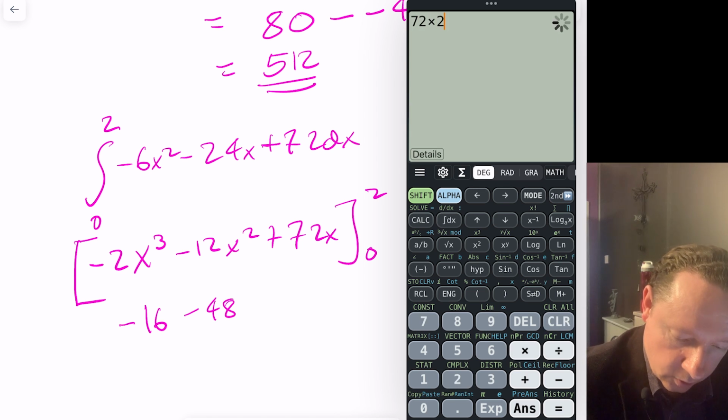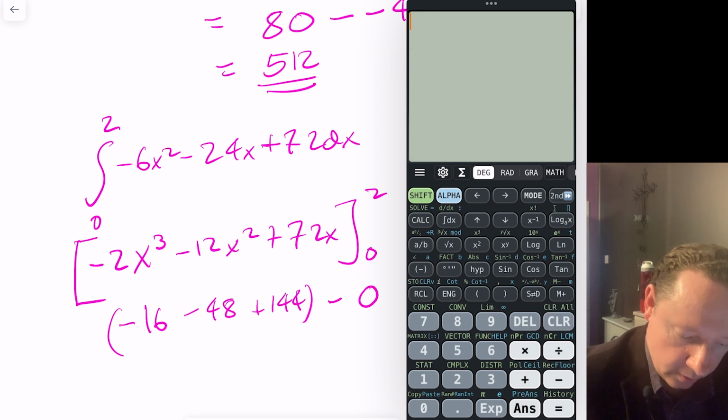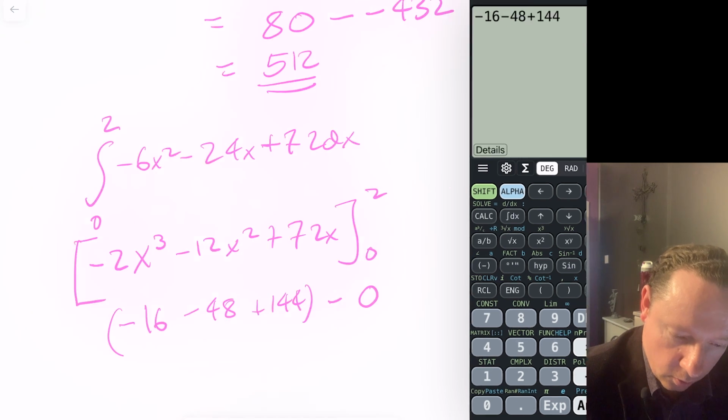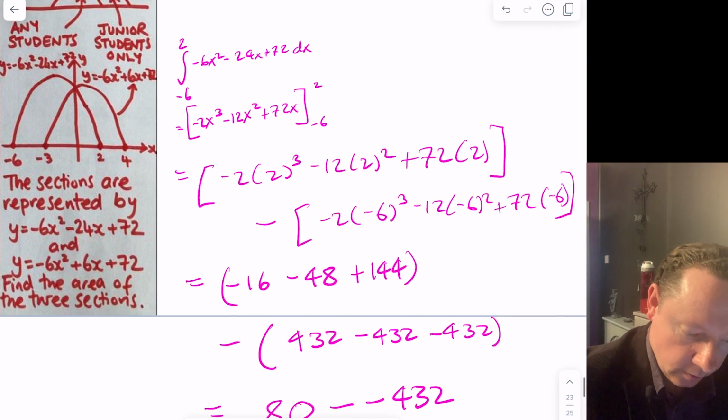And 72 times 2 is 144. And then that's going to be taken away 0 because we sub in 0 to all that. So minus 16 minus 48 plus 144 is 80. So we get 80 is our other integral.